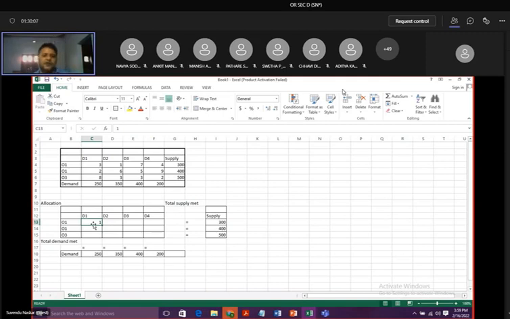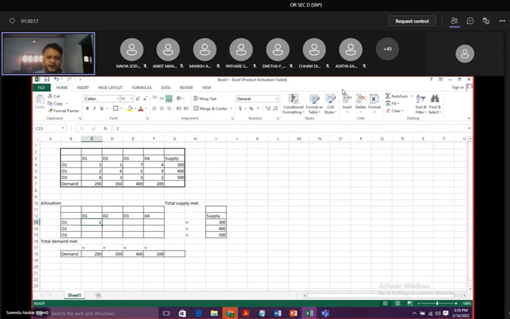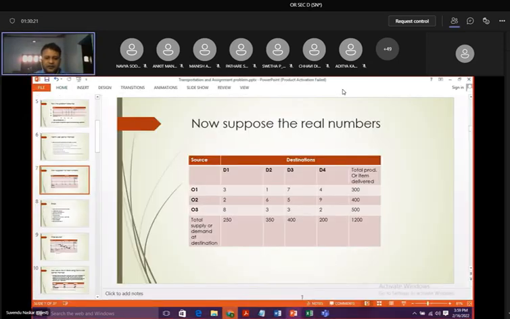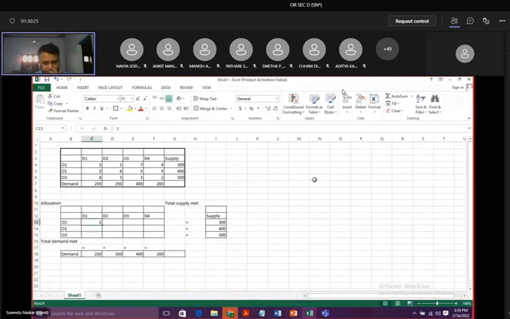So what I'm going to do is allocate random numbers in these column cells. Let me see. No, it's still hanging. Okay, what next? Anyone?